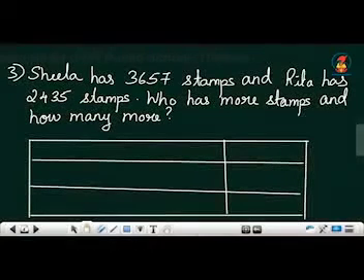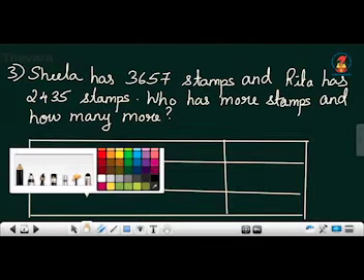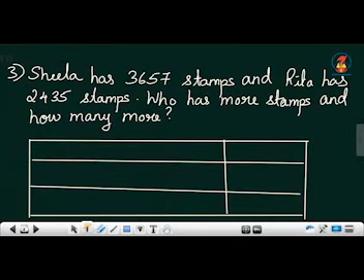Sheila has 3657 stamps. Children, you have to read with me, okay? Sheila has 3657 stamps and Rita has 2435 stamps.